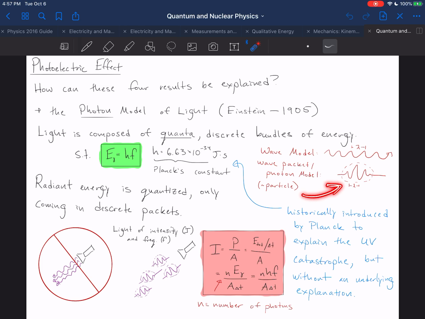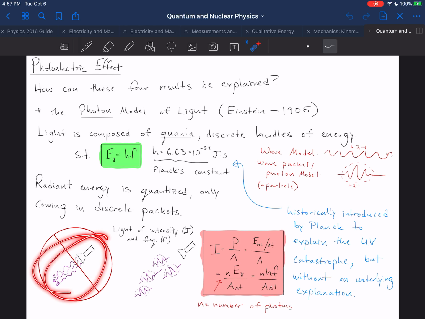So this is a photon, and this is a model that interestingly combines what we think of as a particle versus a wave. So this is a wave packet, and that is the model that Einstein was proposing when he proposed the photon model of light. So that radiant energy is quantized, only coming in discrete packets.